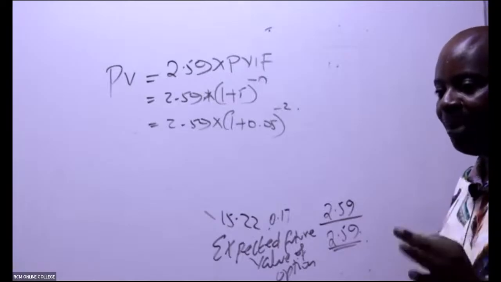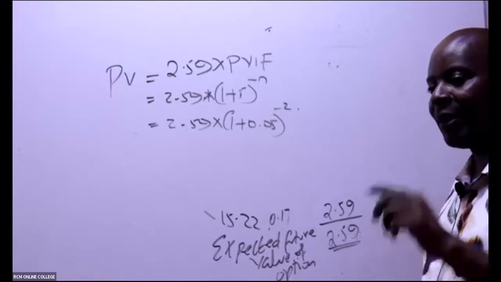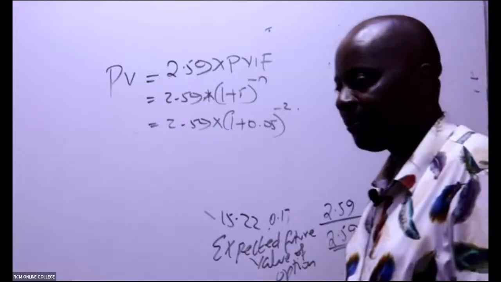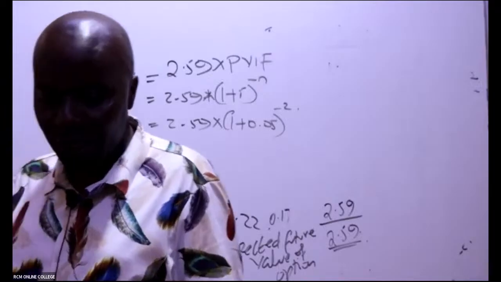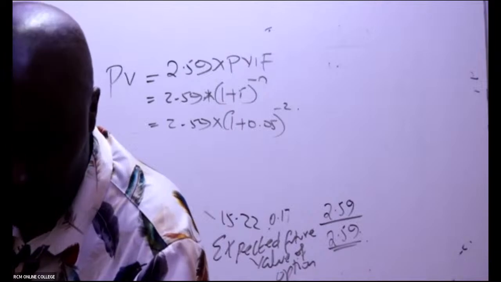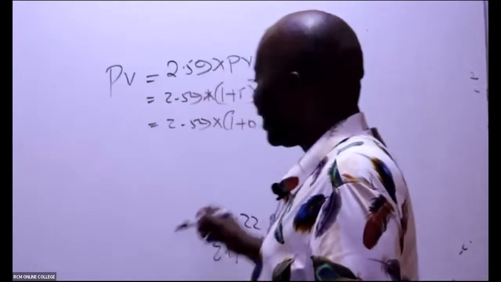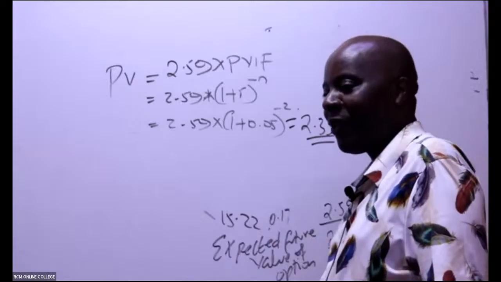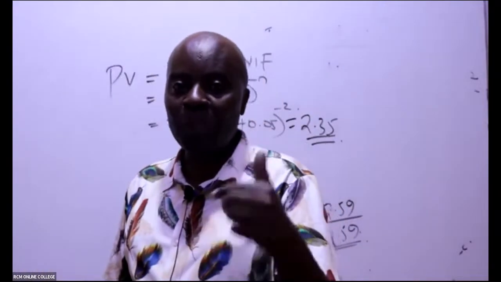If he brought a 3-period binary tree, I'm sure people would cry. But at least my students now have some way of doing this. Are you able to get 2.35? That is the final answer. And the students who said they have another method, I'm 100% sure they got that figure.